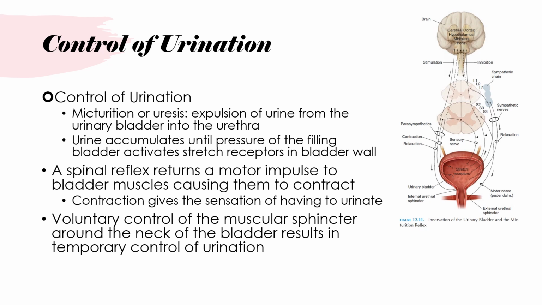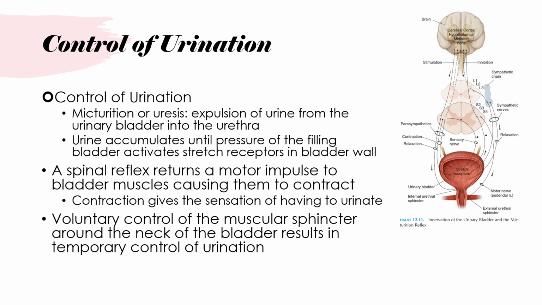We talked about this in the video too, but here's a refresher on the control of urination. Micturition, or uresis, is the expulsion of urine from the urinary bladder into the urethra. Urine accumulates until the pressure of the filling bladder activates stretch receptors in the bladder wall.